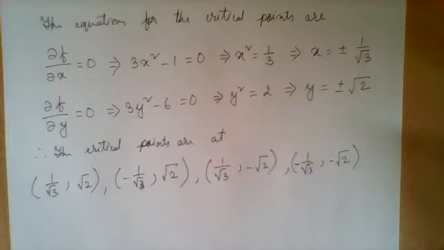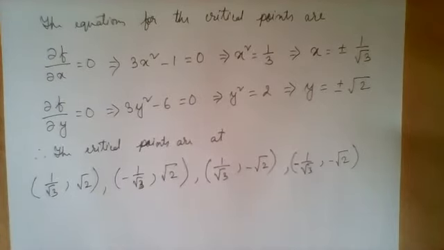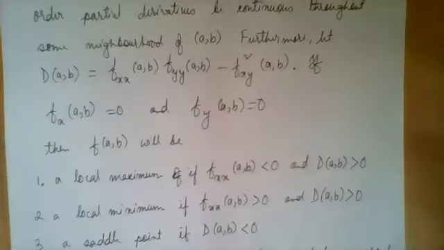At the critical points, the function can have a local maximum, a local minimum, or a saddle point. So to identify the local maxima, local minima and the saddle point, what should we do? We should remember what we had just written a few minutes earlier. It is this.